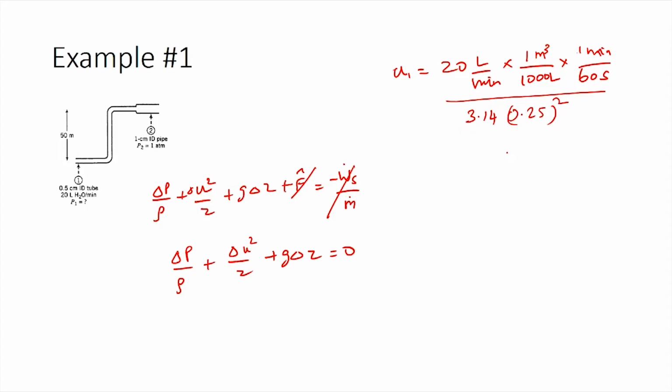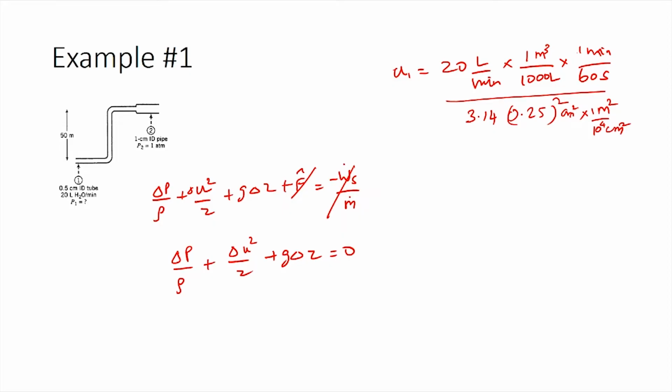This 0.25 is the radius of the pipe at point 1, and it is in terms of centimeters. So, we need to convert this to meters. This is actually centimeter squared, so we want to convert this to meter squared. 1 meter squared contains 10 power 4 centimeter squared.